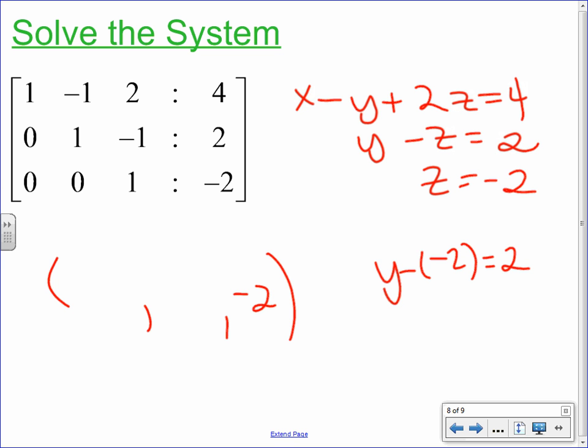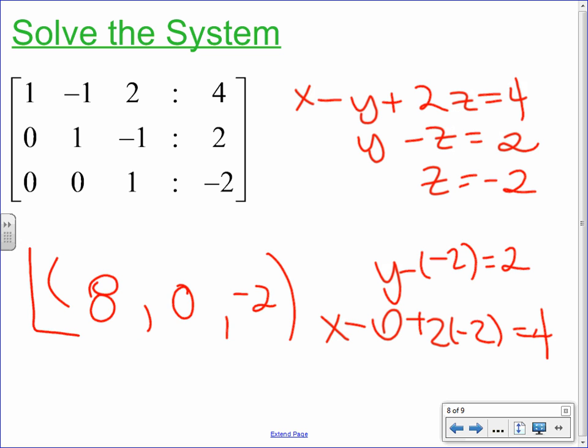What is y? 0. Then we can move up. Y minus z equals 2. All right, now that we have y and z, x minus y plus 2z equals 4. What does that make x? This is a -4 actually.